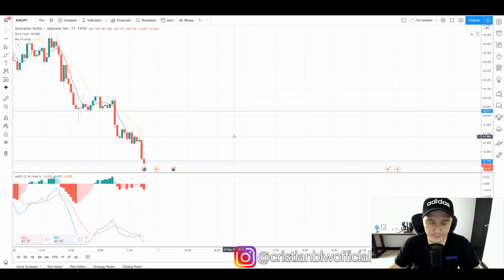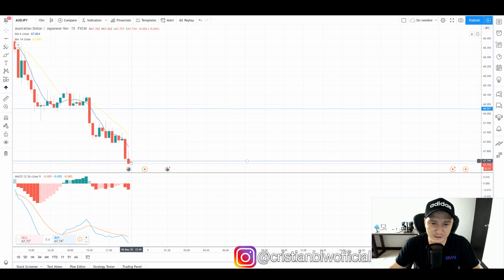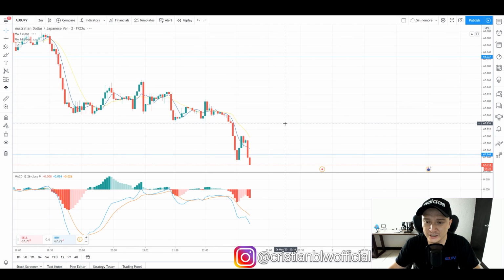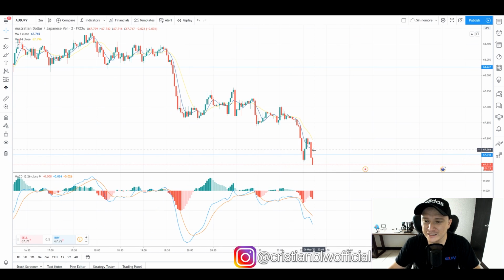Take a look. So if you notice, for 15 minutes, the support is actually being touched right now. So that means that there is a huge possibility that it's going to start jumping. So if you go again to 2 minutes, that means that yes, it is going to start jumping right here.